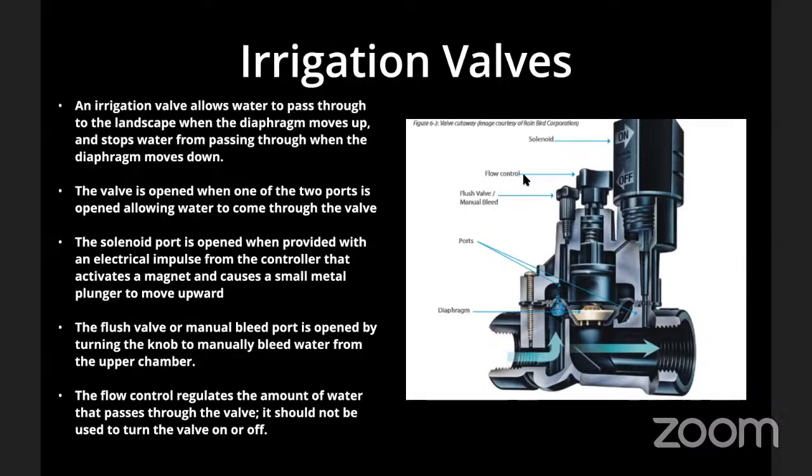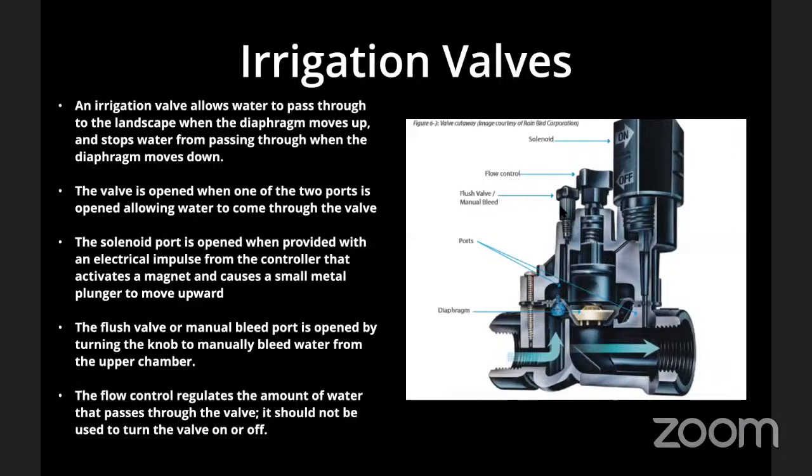There is also what's called a flush valve or a manual bleed valve. Your solenoid, the electrical part, is the big thing on your valve with the wires going into it. The flush valve or manual bleed valve is this tiny, small one, and it can be used to manually operate the system if necessary. The pieces related to that can wear out.